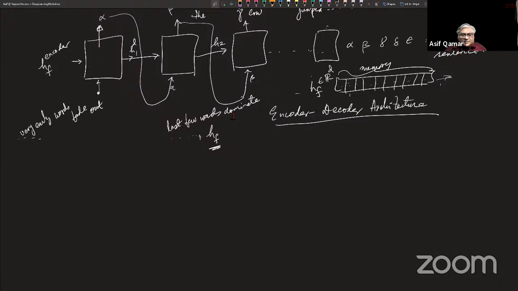And then people began to be more aware of the limitations the more they used it. And the biggest limitation was exactly this, that given finite memory, it tends to de-emphasize earlier words in the sequence and be much more colored or influenced by later words. That is one limitation.